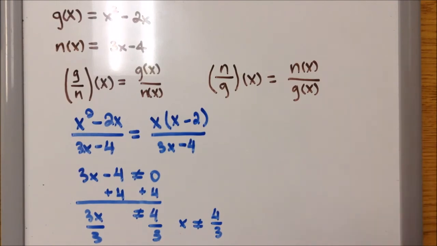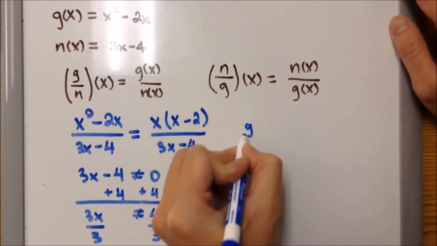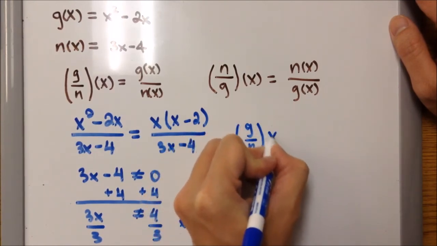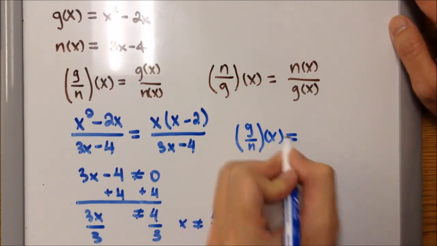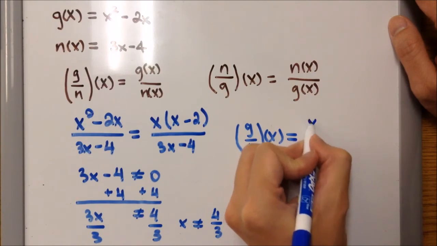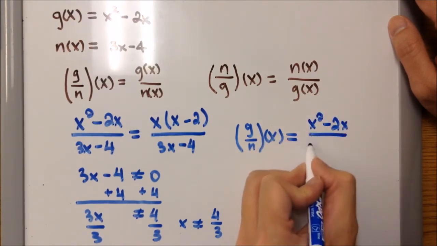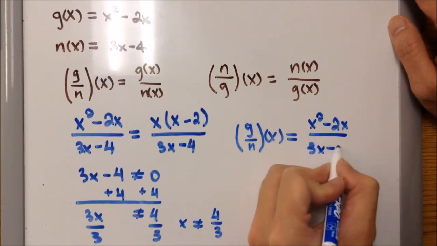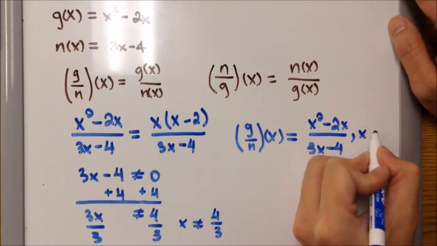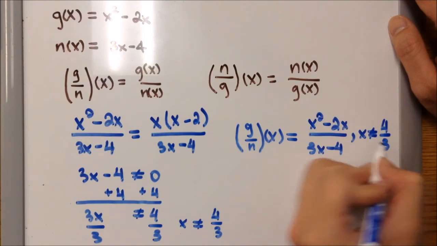We pretty much finished. So what I'm going to do is write g divided by n of x equal to this part right here. So x squared minus 2x over 3x minus 4, comma, x cannot equal 4/3.